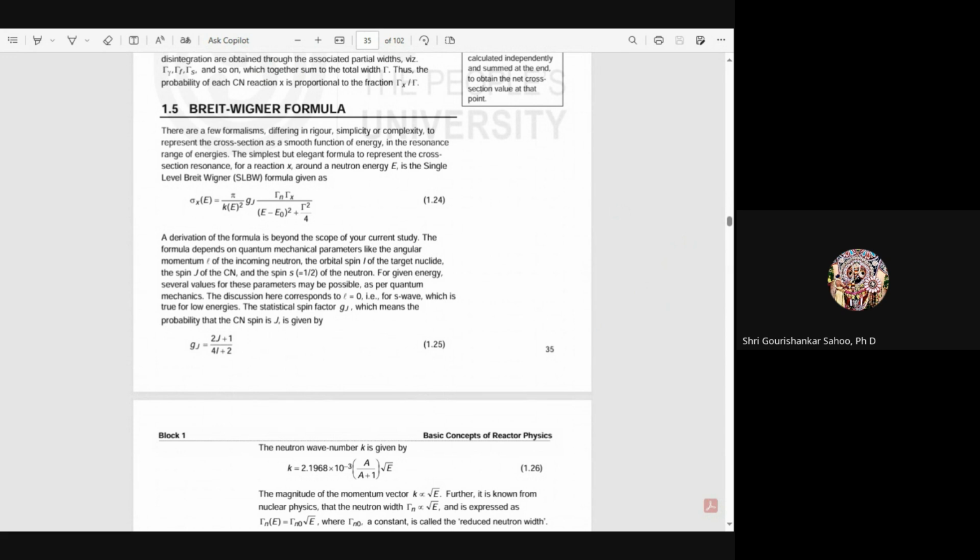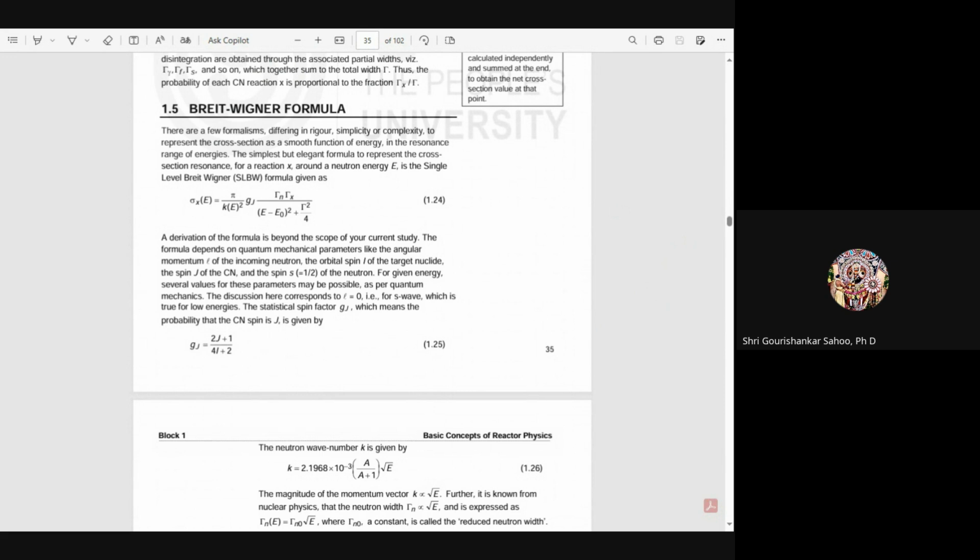You will know the cross section resonance is very important for a reaction X around a neutron energy capital E0, and a single level Breit-Wigner formula can be written as sigma X, which is a function of E, is equal to pi by k square G j multiplied by gamma n gamma x by (E minus E0) square plus gamma square by 4.